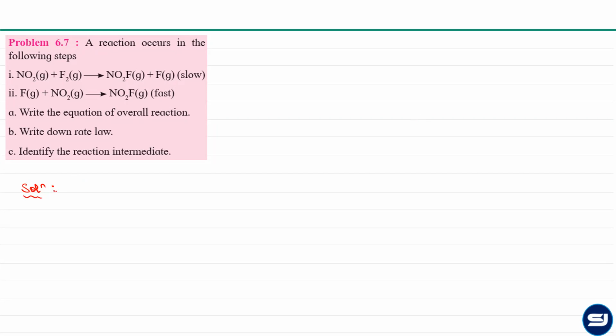So a particular reaction is given in 2 steps. Now जब एक reaction के multiple steps दिए जाते हैं, all the individual steps are called elementary reactions.